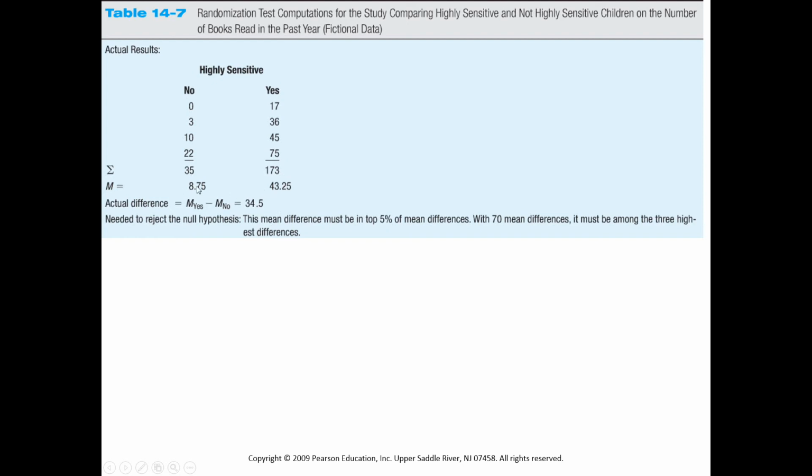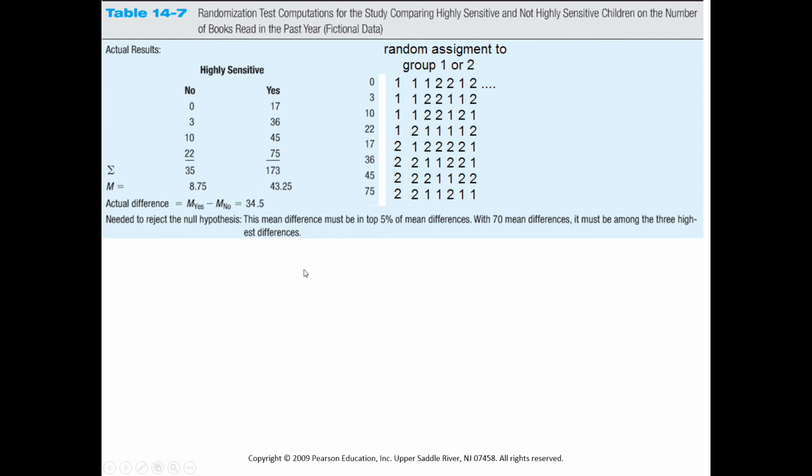You see that the mean is 8.75 for non-highly sensitive and 43 for highly sensitive. And as you remember, this distribution is not normal, it is a highly skewed distribution, so we couldn't apply a simple t-test on this.